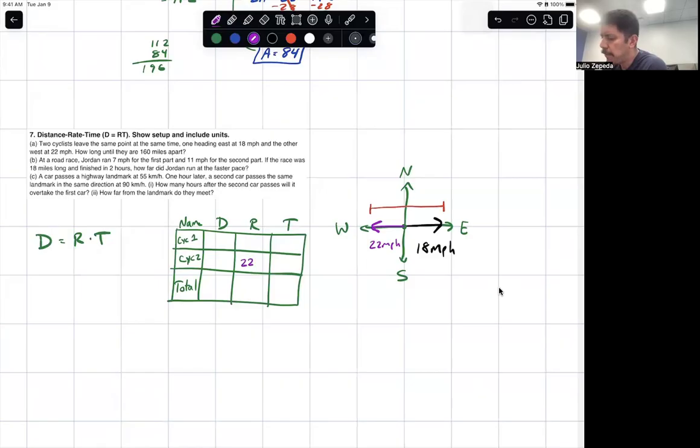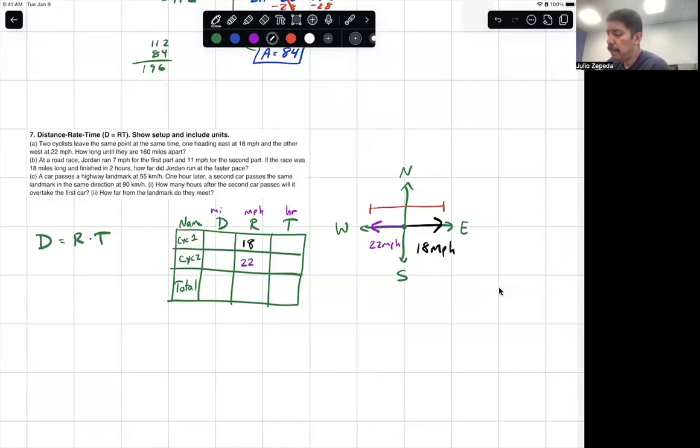So, okay, let's start with the easier ones because we know that cyclist 2 is going 22 miles per hour. All of these rates in this problem will be in miles per hour. The times then we'll consider in hours, and the distances will be in miles. Cyclist 1, we said, is going 18 miles per hour. And it says two cyclists leave the same point at the same time.